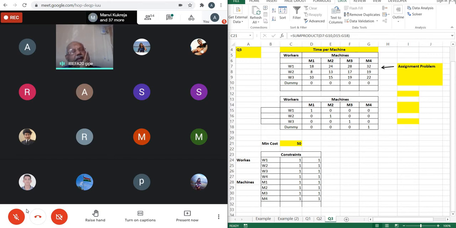Akash Singh, type the answer of 1 and 2 of question 2. Let everybody see it.